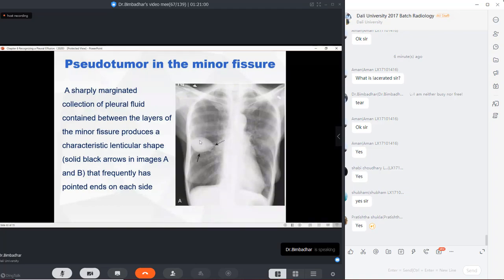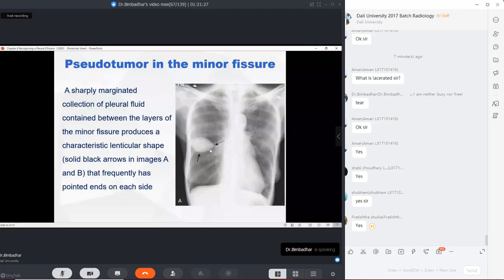You see here, this is the minor fissure, and this has an oval, ellipsoid shape, and it is extending beyond the minor fissure. It has a U shape downward like this. So this is very sharply demarcated, and it is a hyperdensity.